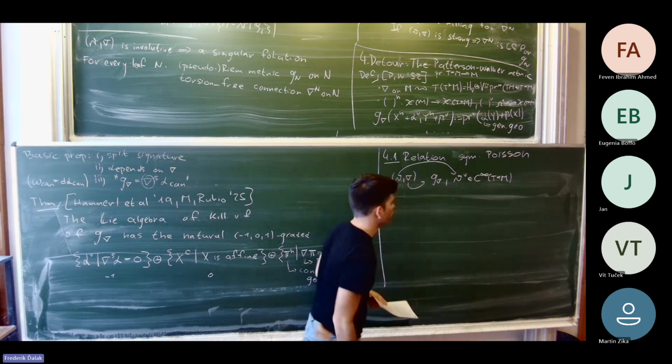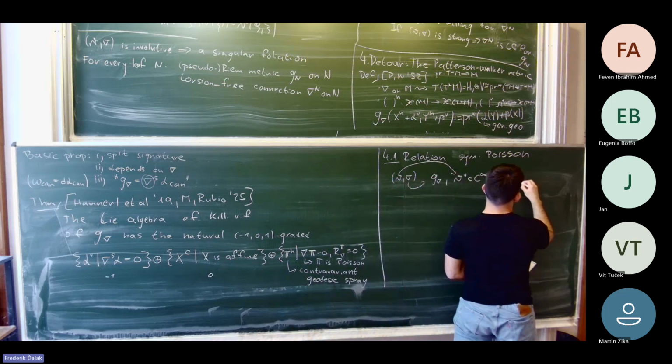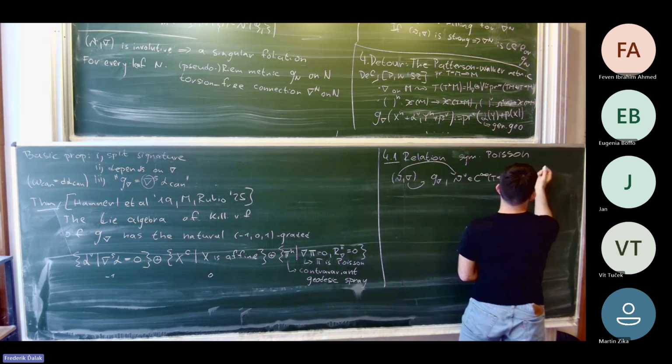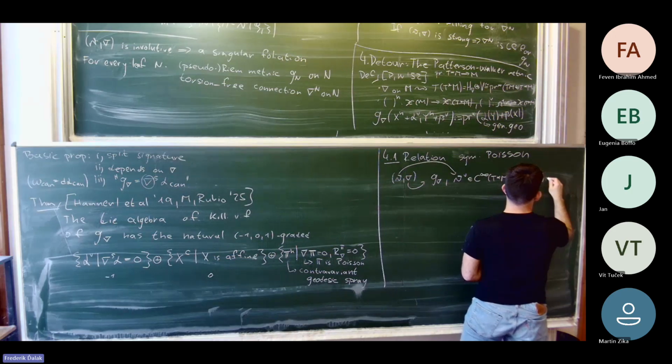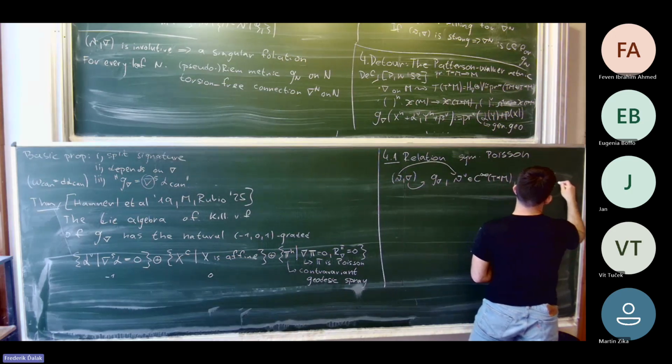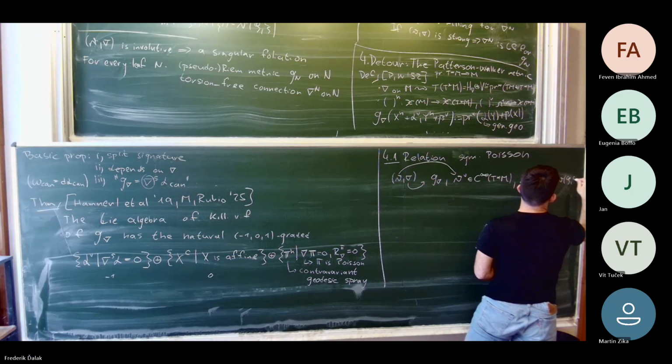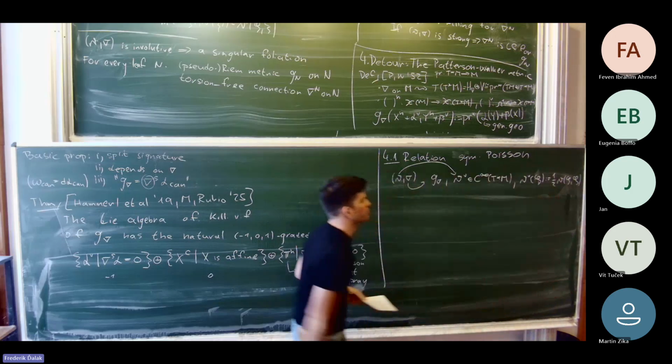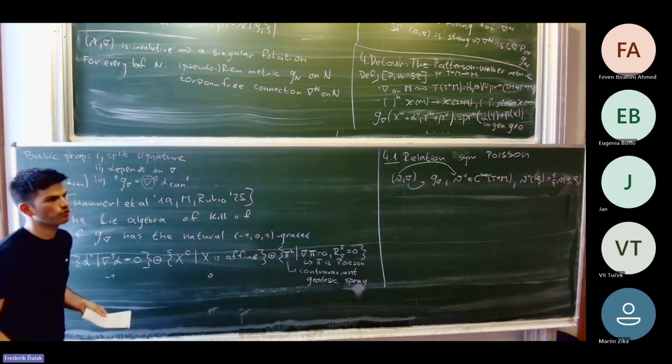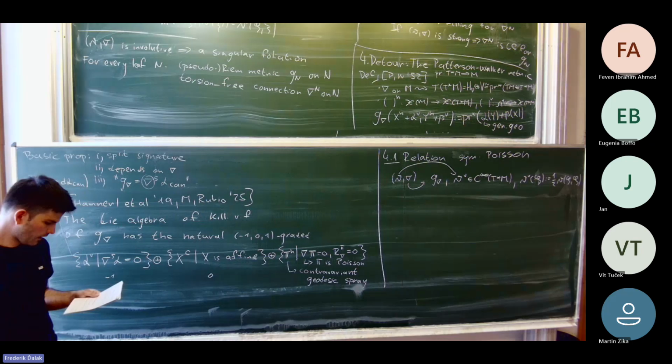So the vertical lift of a vector field, I can express it explicitly. It eats a one-form and produces a number, and you can even write it in coordinates if you prefer coordinates, just like a quadratic polynomial in fiber coordinates.